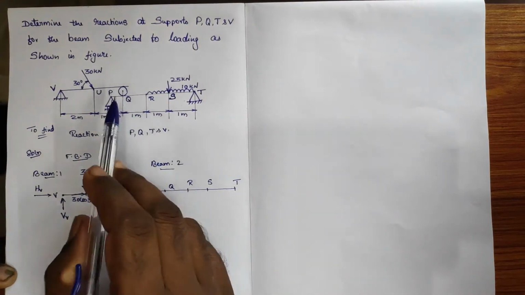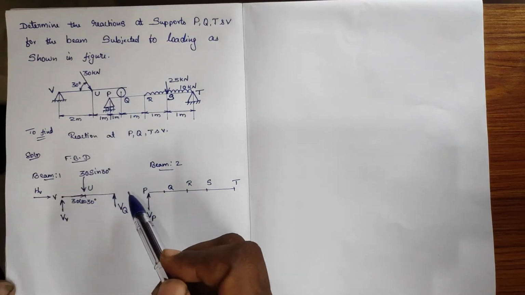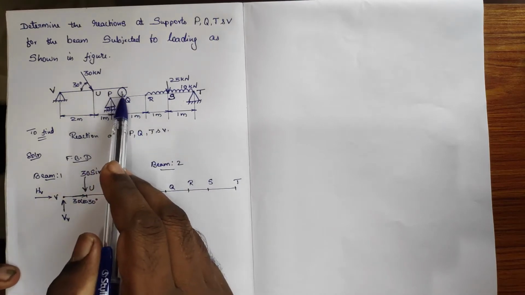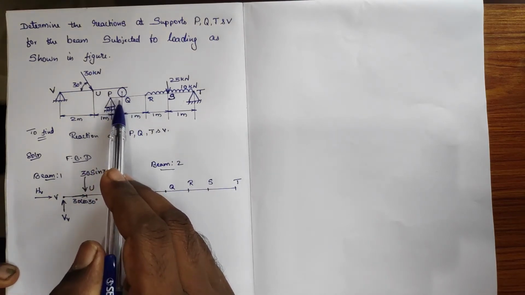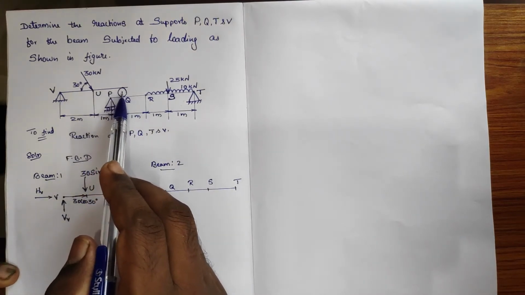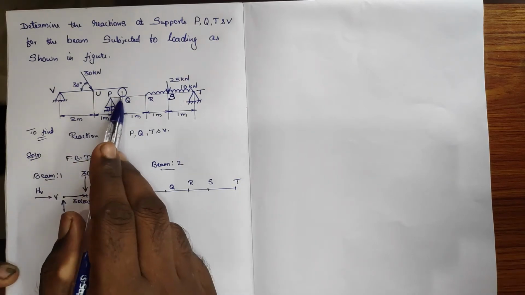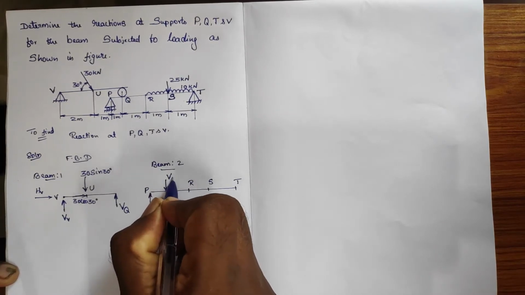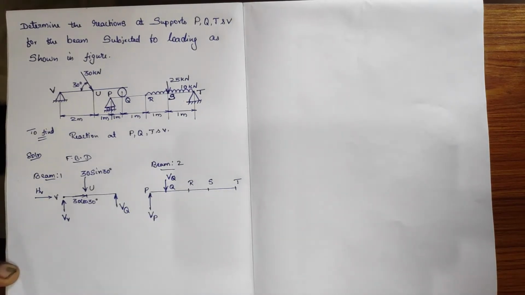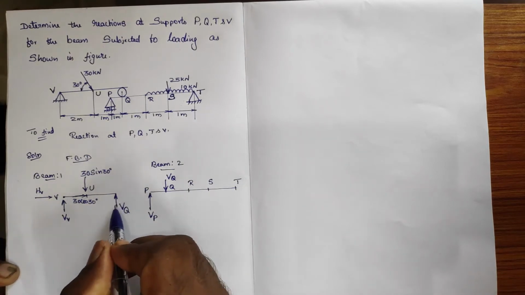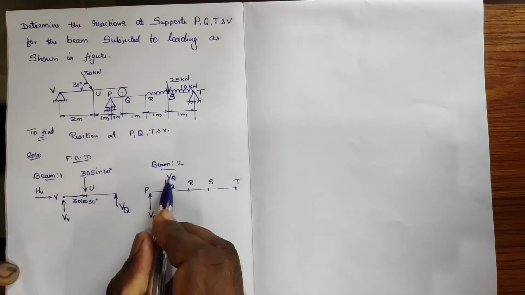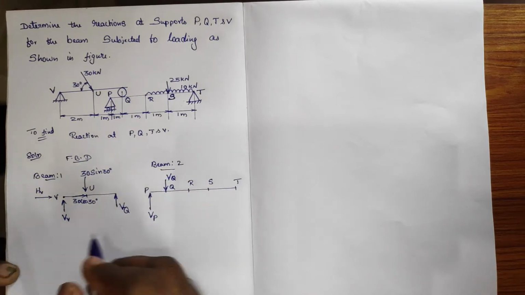And at Q, there is a roller. That roller experiences the reaction force, which will be acting downwards, from this point towards this beam. So here it is downwards, and can be mentioned as VQ, the vertical force at Q. Here we have VQ upward, and here downward. They are equal in magnitude but opposite in direction.